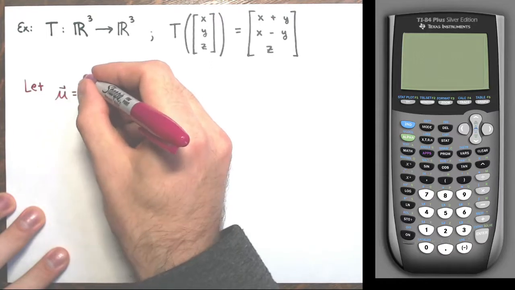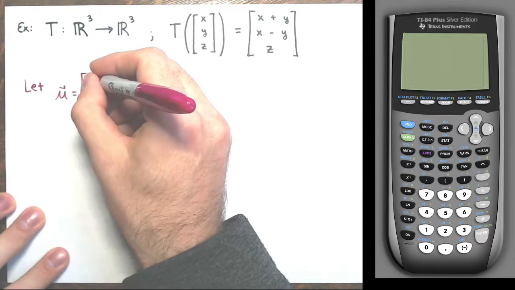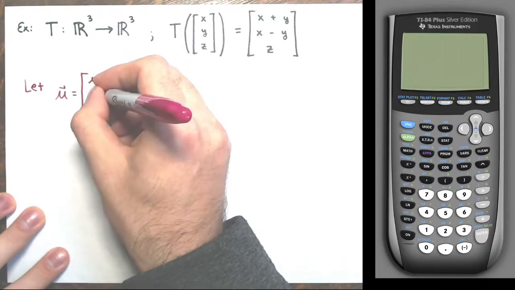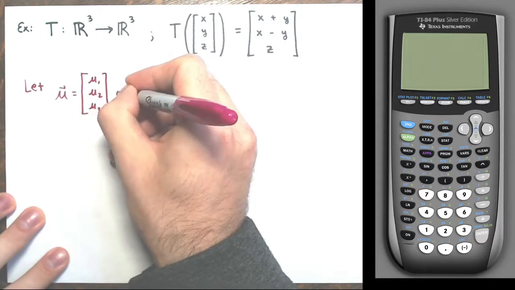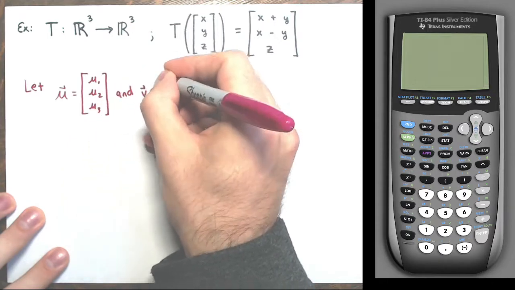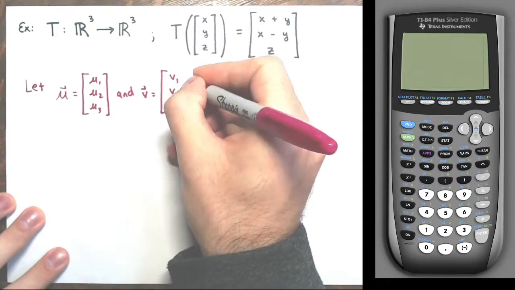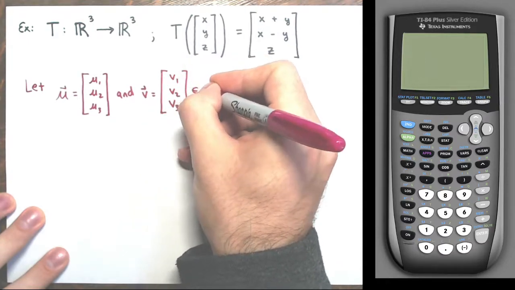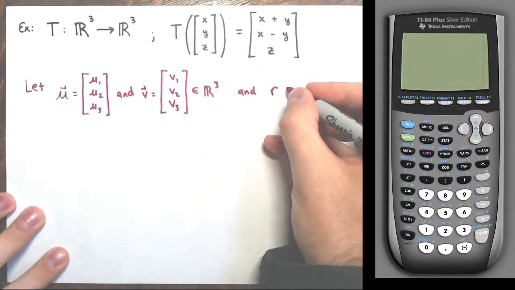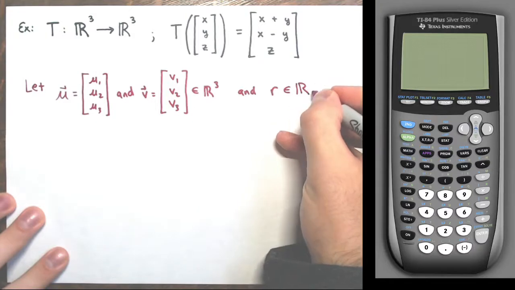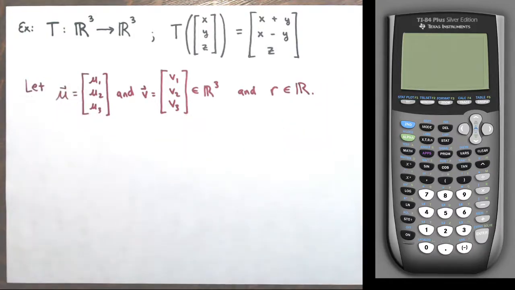So say u is a vector from R3 with components u1, u2, u3, and vector v has components v1, v2, and v3. Both from the domain, R3. And lowercase r again will be a scalar, belonging to the reals. So these represent any vector from the domain and any scalar.